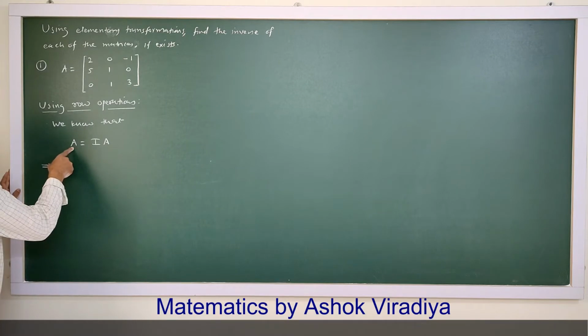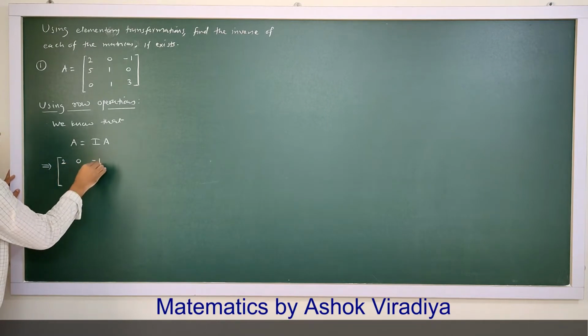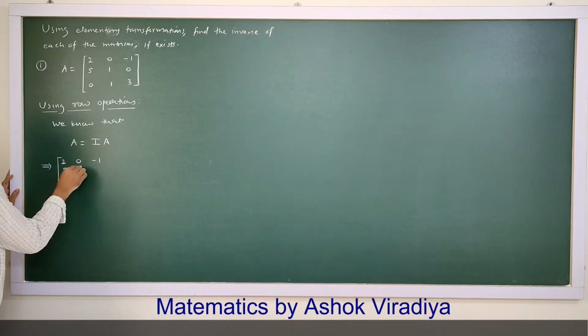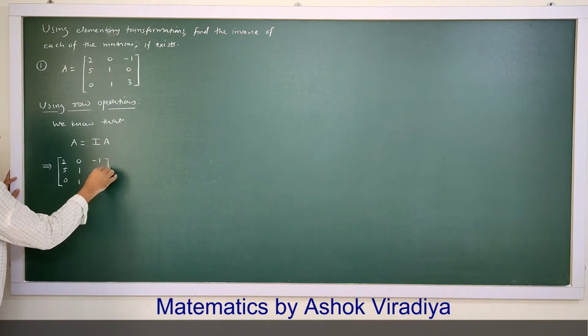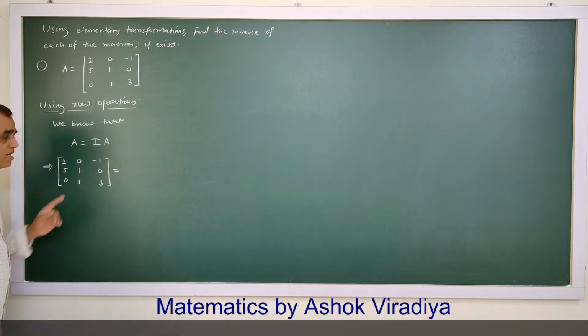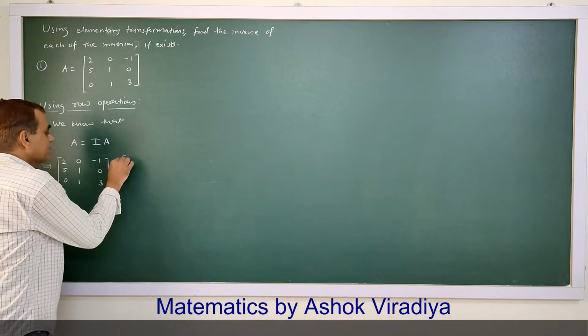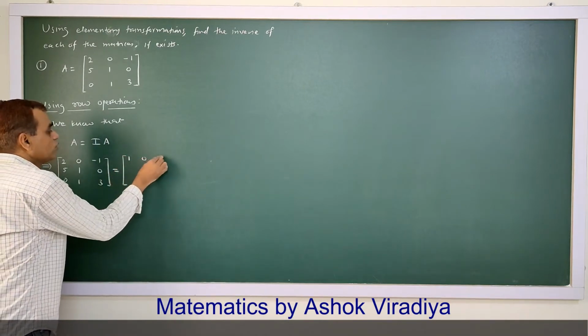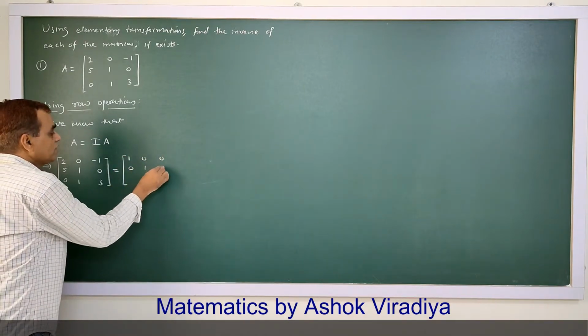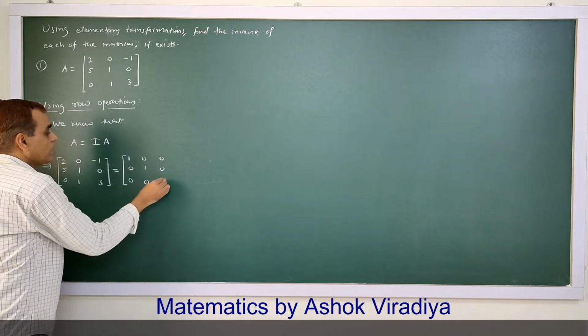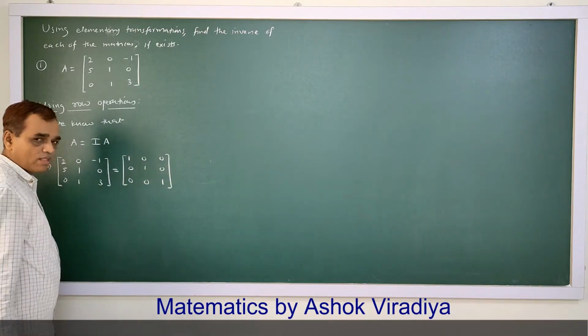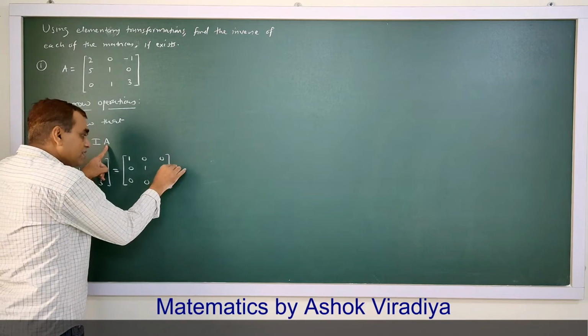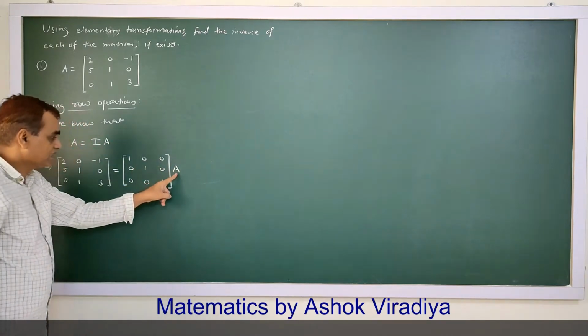now we keep the value of A. A is 2, 0, minus 1, 5, 1, 0, 0, 1, 3 equal to identity matrix 1, 0, 0, 0, 1, 0, 0, 0, 1 into A. A we keep as it is.